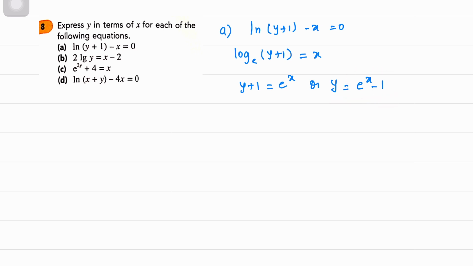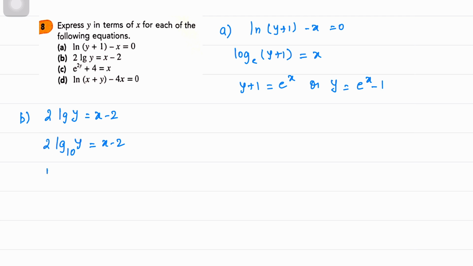Now let's move on to B. 2 log y equals x minus 2, or 2 times log y equals x minus 2. And looking at this expression, lg represents log to the base 10. So we can write this as 2 log base 10 of y equals x minus 2, and we can use the power rule to simplify this as y squared.